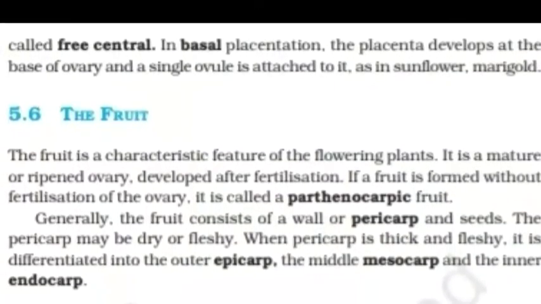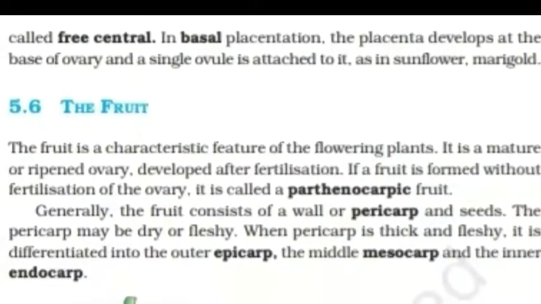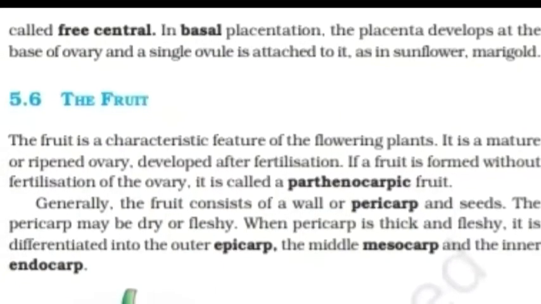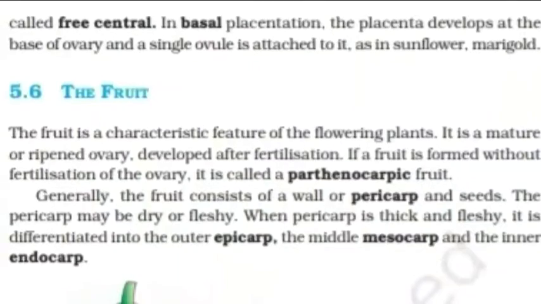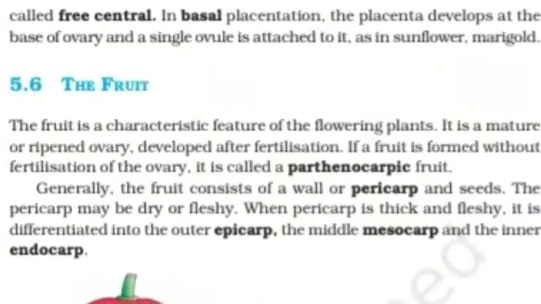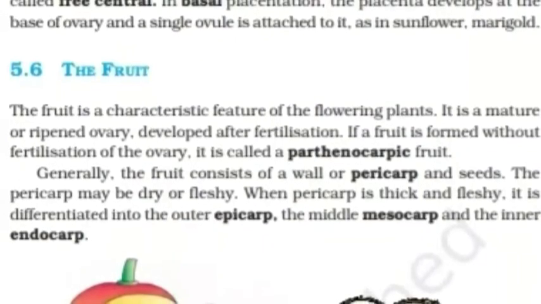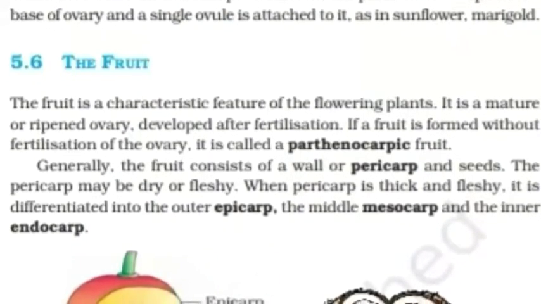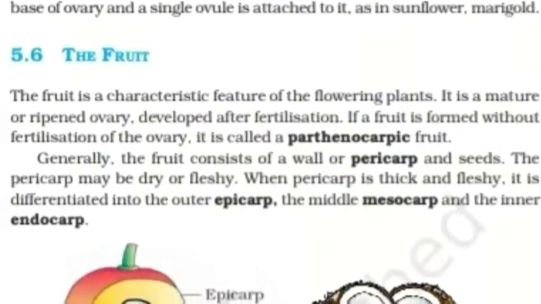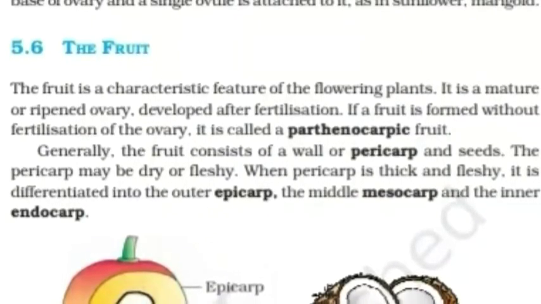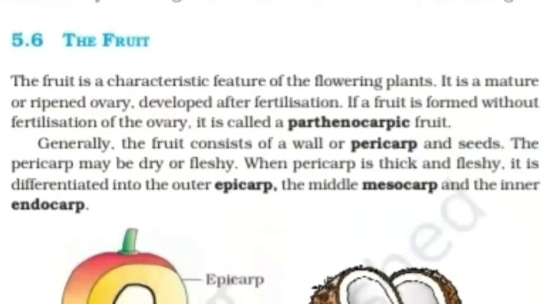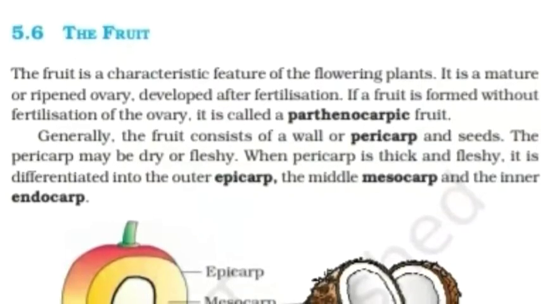In basal placentation, the placenta develops at the base of the ovary and a single ovule is attached to it, as in sunflower and marigold. The fruit is a characteristic feature of flowering plants. It is the mature or ripened ovary developed after fertilization.